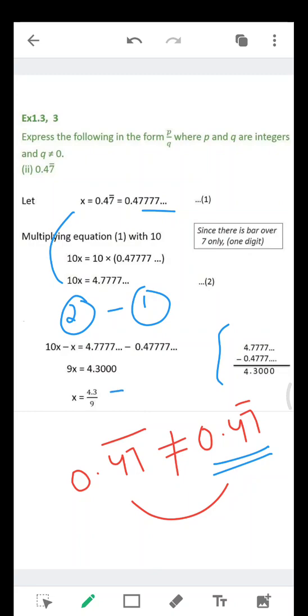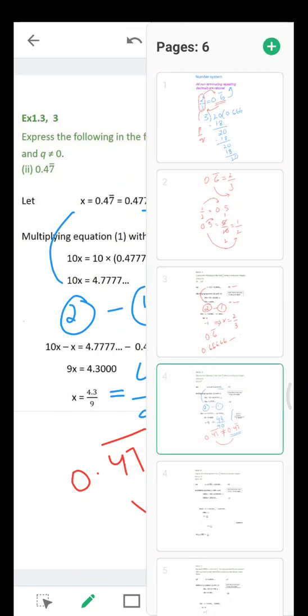This should not be left like that, it should be written as 43 by 90. We should remove the point, it should not be in decimals. So this is converted into p by q form. When you check this on a calculator or divide it, you will get that 43 by 90 is 0.47 bar. So this is the way we have to proceed with all the questions.